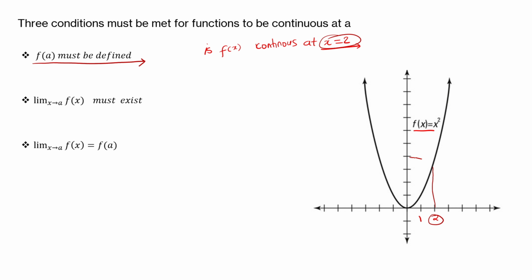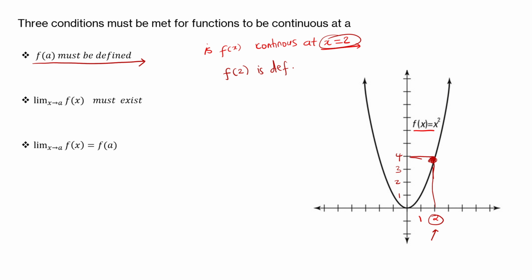Although this looks like it's not drawn to scale, maybe it's my perception. But basically, when you put in the x value of 2, you get the y value of 4. If you put the x value of 2 into this equation, 2 squared is just 4. So do you realize that here f of 2 is defined?